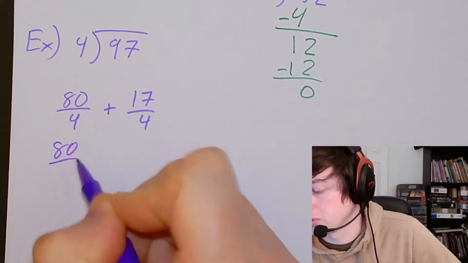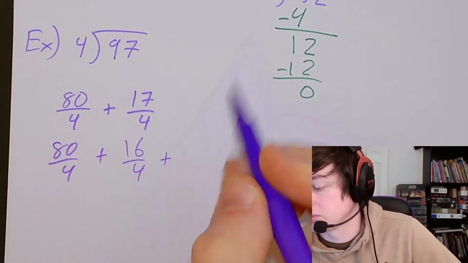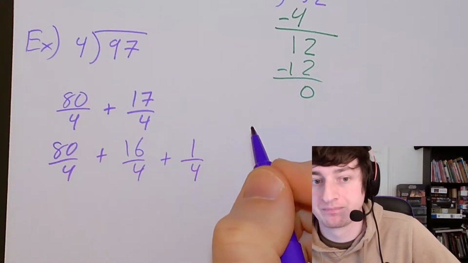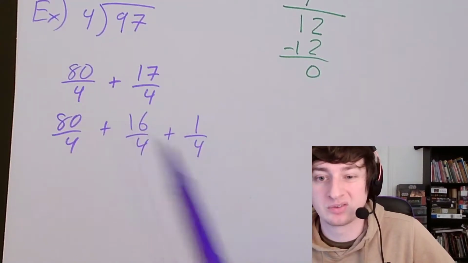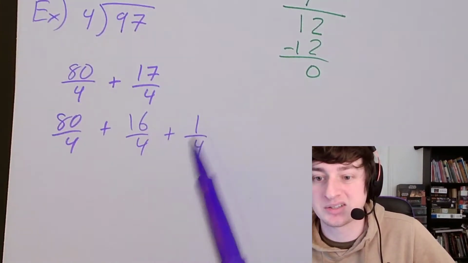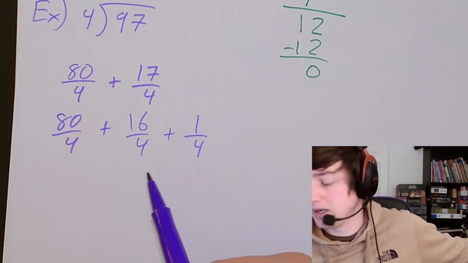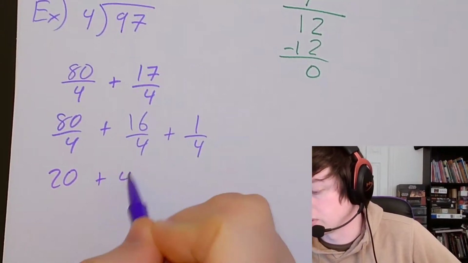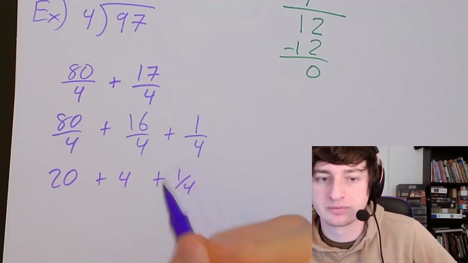So 80 over 4 plus 16 over 4 plus 1 over 4 left over, right? And so then this would be the tens place, the ones place, and the decimal place. Okay, so 80 over 4 is a 20 plus a 4 plus a quarter. We've got a remainder for this problem.